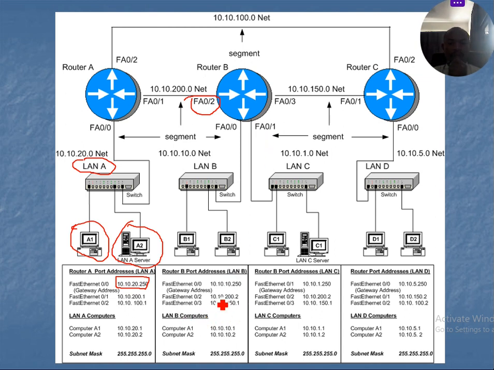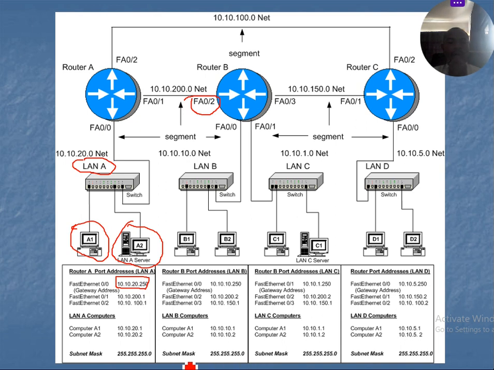And another interface, 210.150.1. This router B is connected to two LANs, LAN B and LAN C. LAN B has computer 1 with IP address 10.10.10.1, and computer 2 has 10.10.10.2.